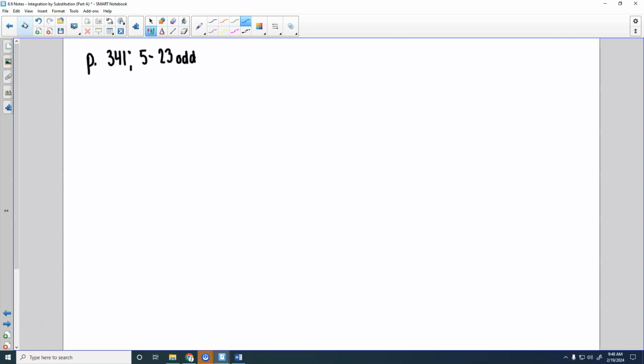They shouldn't be terribly long problems. So 5 through 23 odd on this. And then we're pretty much just looking at a little bit harder versions of this the rest of the week. We'll have to throw in some trigs, e's, natural logs, all of that stuff.